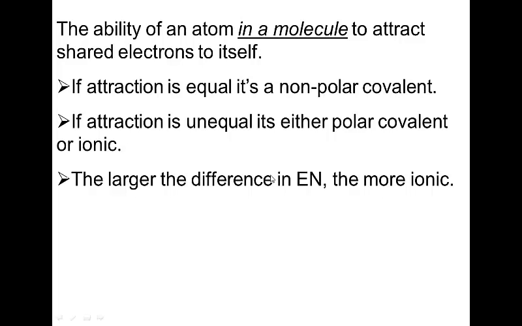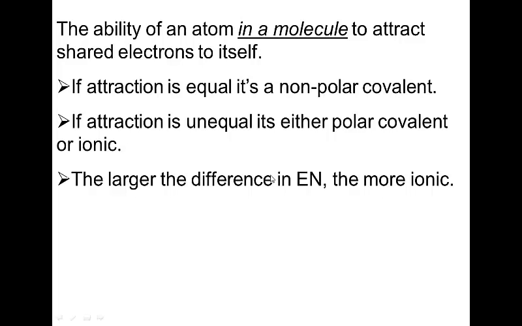One of the ways you are quite familiar with, that's trend on the periodic table. A second way is if you are given the actual electronegativities of the 2 atoms in the bond, you're going to literally calculate the difference in electronegativity and figure out the type of bond it is based on that.